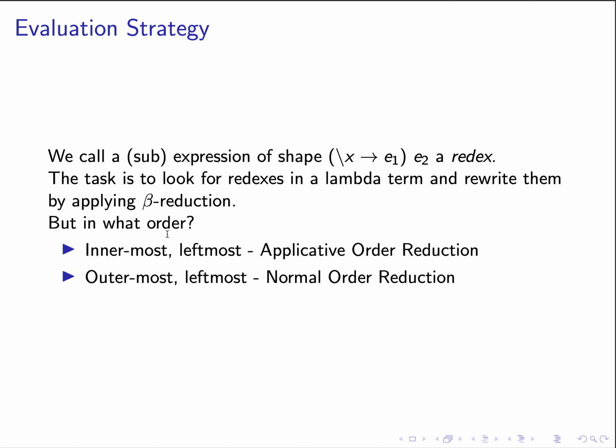One way is innermost and leftmost, which means we look at the lambda expression as a syntax tree, and we always look at the innermost and leftmost redex, and we apply the beta reduction first. Sometimes this is also called the applicative order reduction. Another alternative is to look at the outermost, leftmost redex in the current program and apply beta reduction. This is called the normal order reduction.